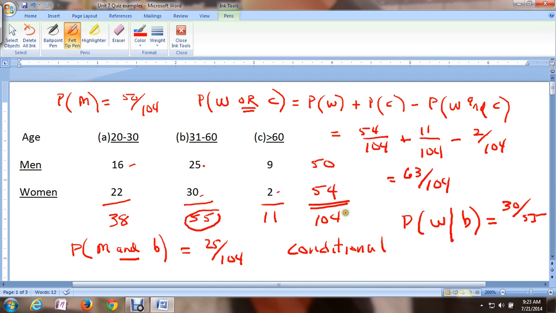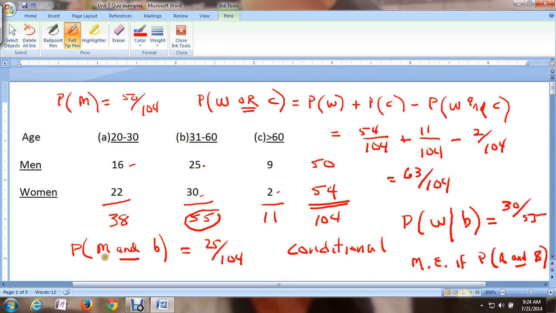Also want to talk to you about mutually exclusive events. Two events are mutually exclusive if their joint probability, that's the probability of A and B, is equal to 0.